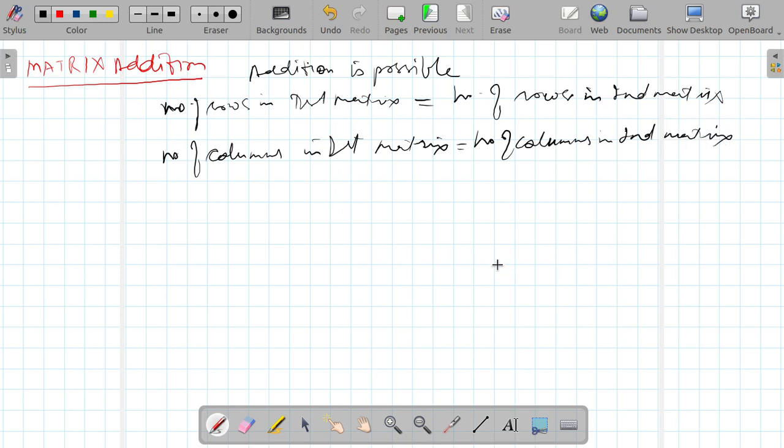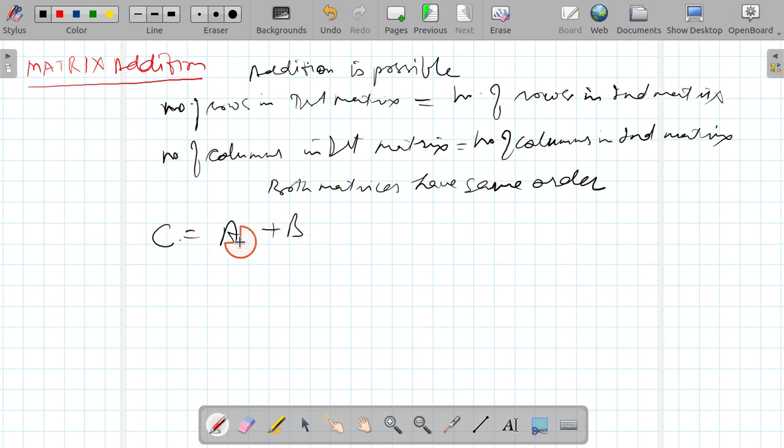That is, matrix addition is possible if both matrices have the same order, and corresponding elements are added together. So this can be seen mathematically as: if C is the addition of two matrices A and B, this is possible if their order remains the same, and the order of the resultant matrix will also remain the same.